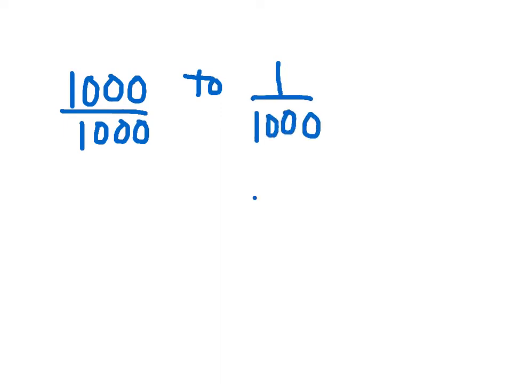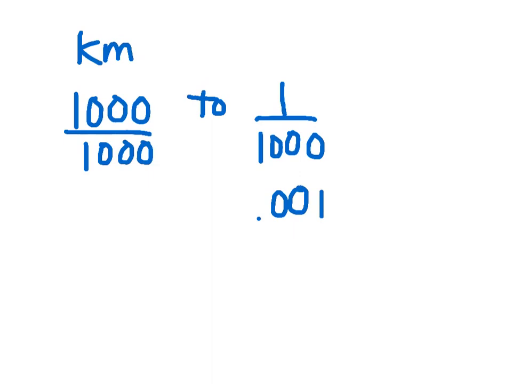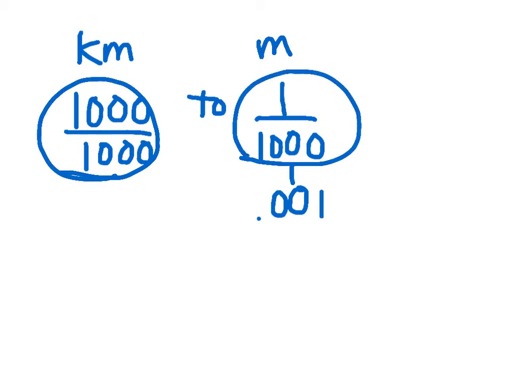So there's 1/1,000th of a kilometer in a unit. Or since I'm doing kilometers, I will call this the meter. And if I divide this by 1,000, meaning there's that.